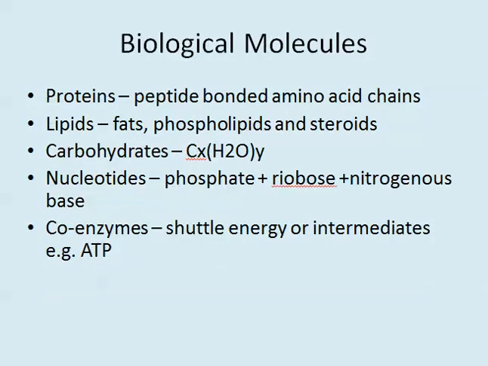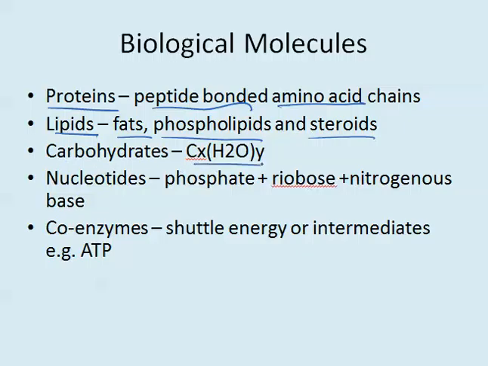So the types of biological molecules that you're going to meet in this section: proteins are long chains of amino acids connected by peptide bonds. Lipids, broken down into categories of triglycerides, phospholipids and steroids.